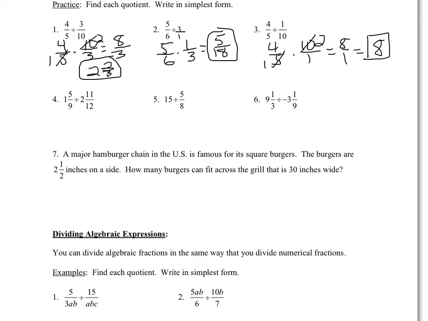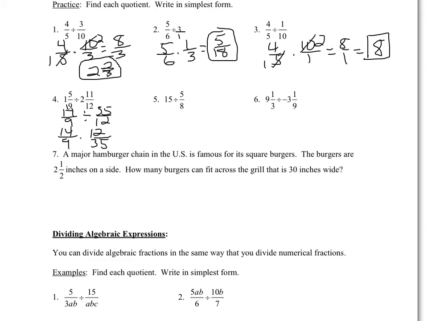Number 4, we start out 1 5/9 is 14/9 when we change it to improper. Divided by 2 11/12 would be 35/12. So this is going to be 14/9 times 12/35.